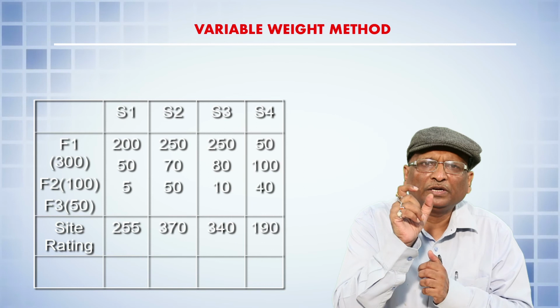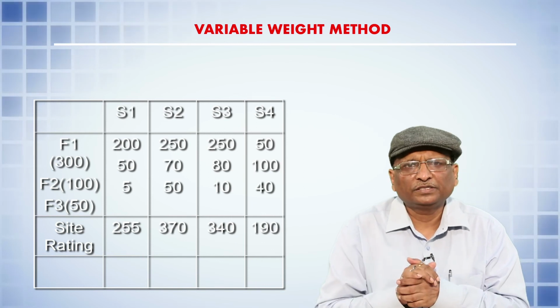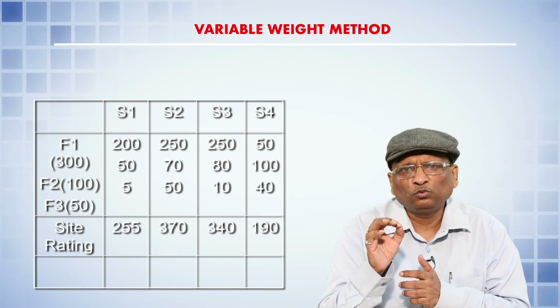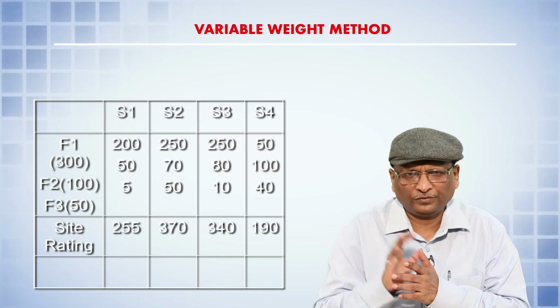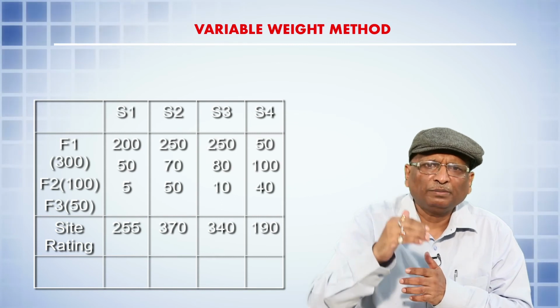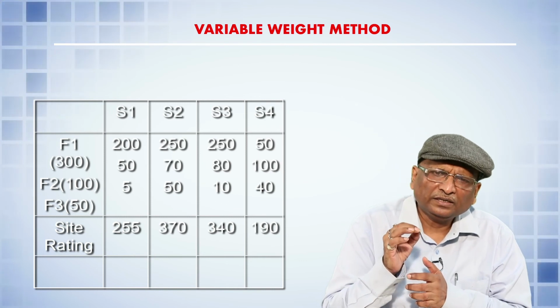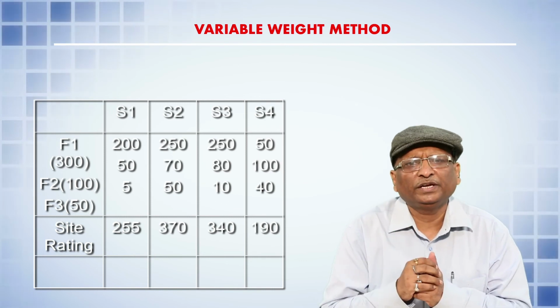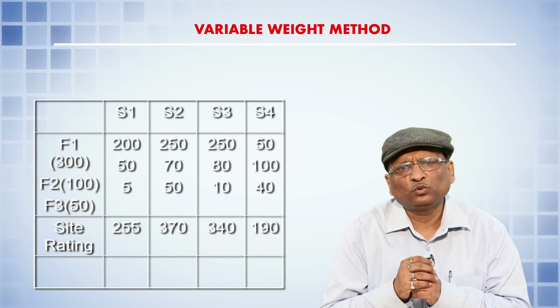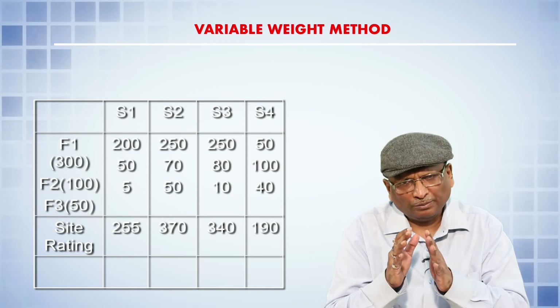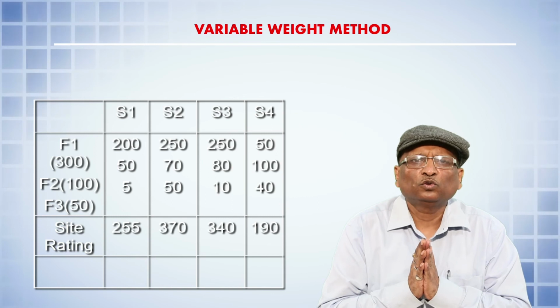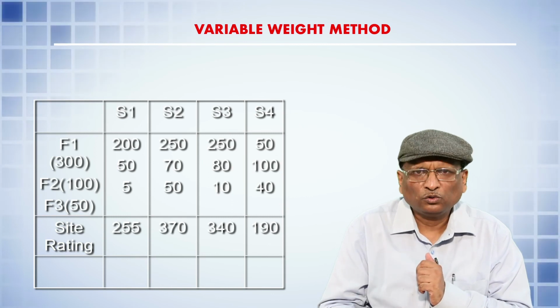So, the total sum will come for site 1 is 200, site 2 250, 250 and 50. Now, if you sum up, you will find that site 2 is in a better position and scoring the highest among all the sites. So, we will go for site 2.